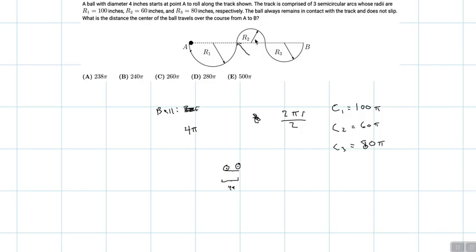Yeah, maybe it's a question of how many rotations the ball is doing.